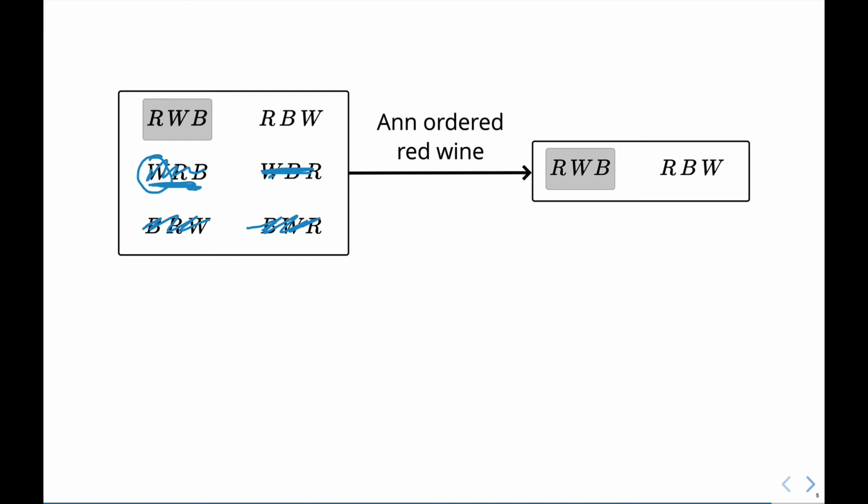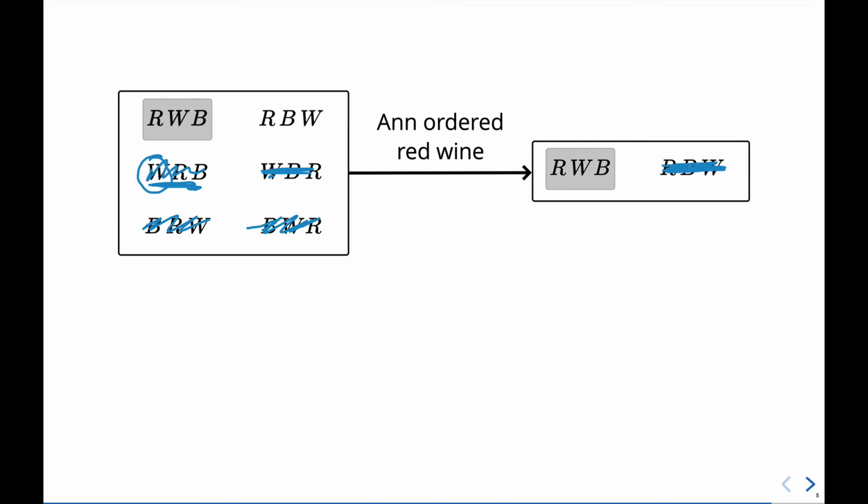But some uncertainty remains, because the waiter still is uncertain about who ordered the white wine, whether or not it was Bob or Carla. So the waiter again has to ask the question, who ordered the white wine? And Bob will say that he ordered the white wine, and given that information, the waiter can then again remove this possibility, because the waiter learned that Bob ordered white wine, not beer.